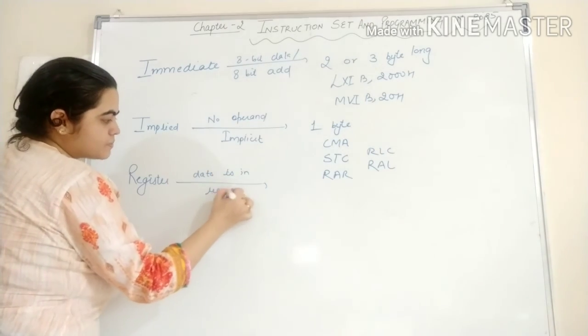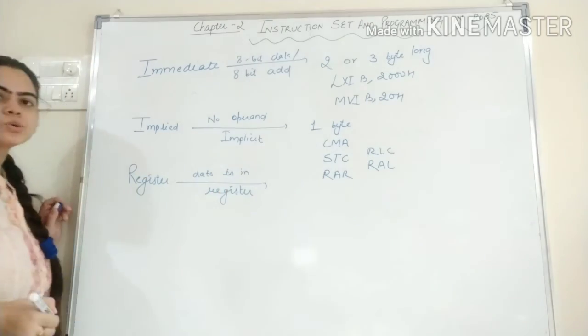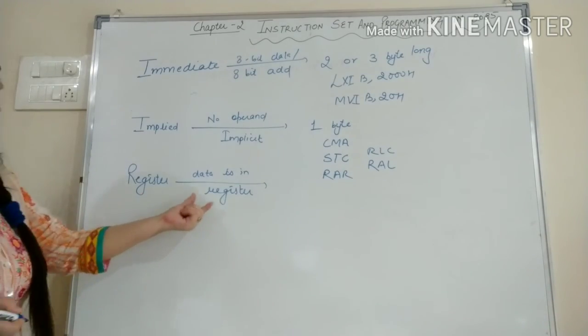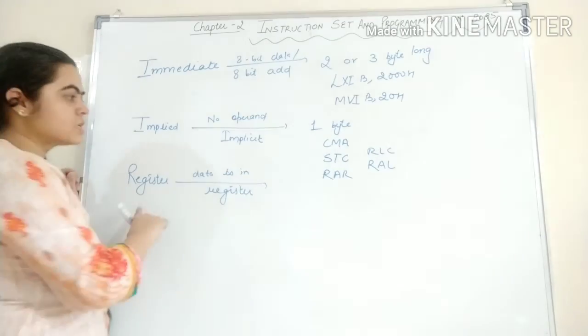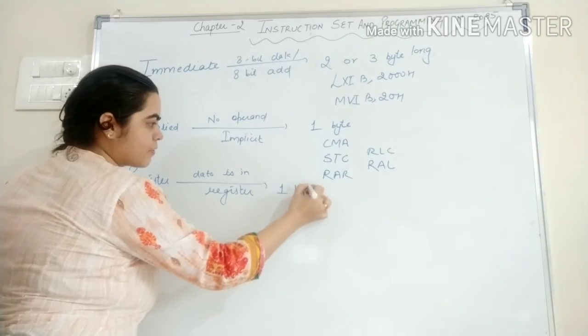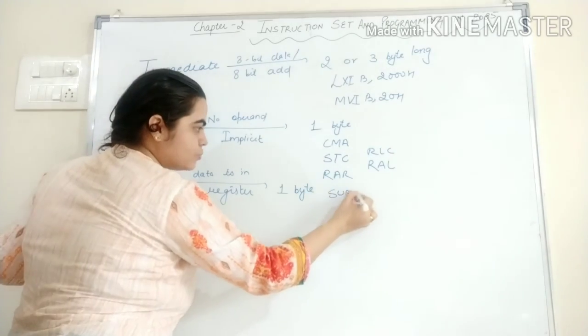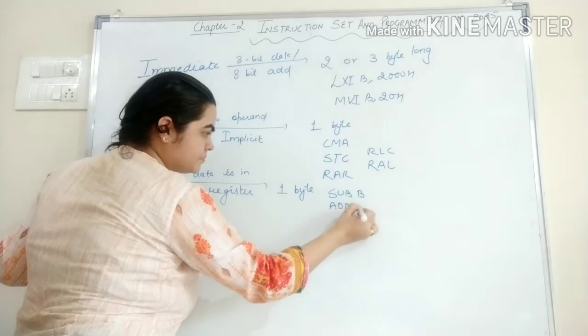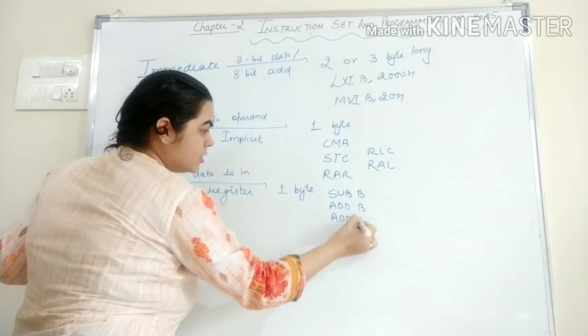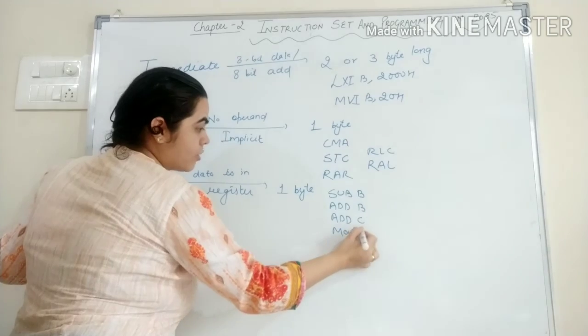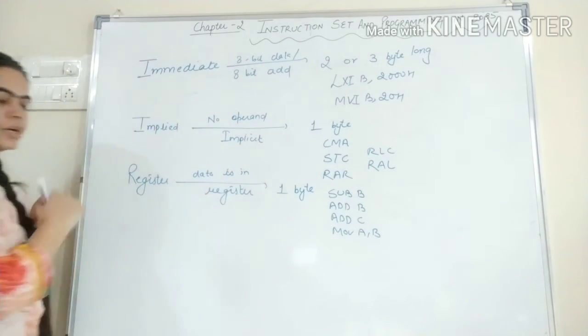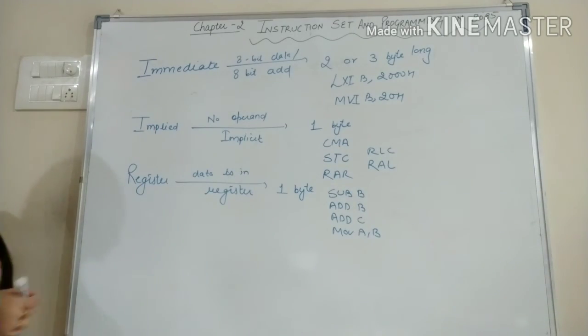Both the source as well as the destination are specified by general purpose registers. Again these types of instructions are 1 byte instructions. For example SUB B, ADD C, MOV A, B. These instructions fall under the register addressing mode.